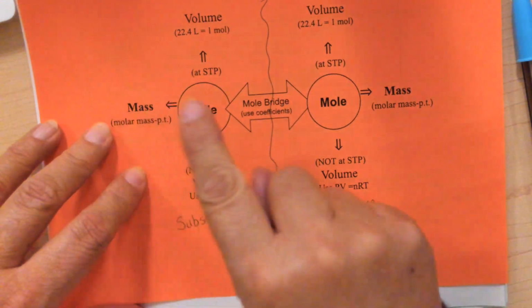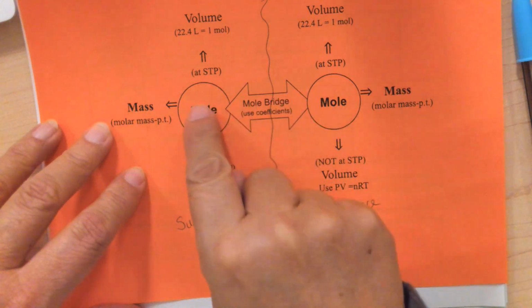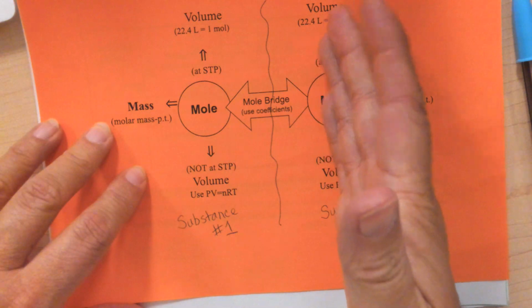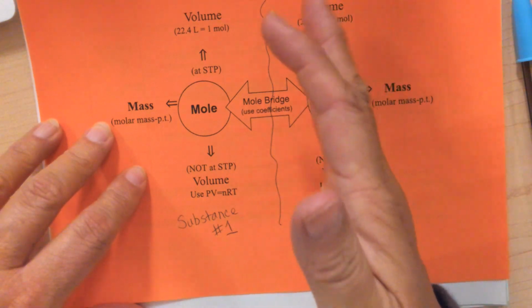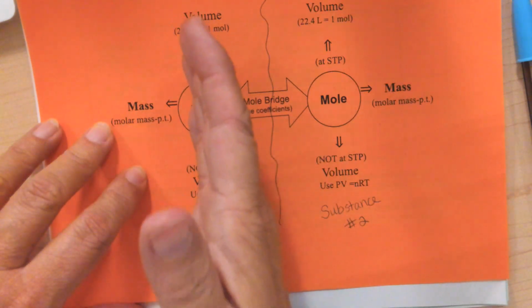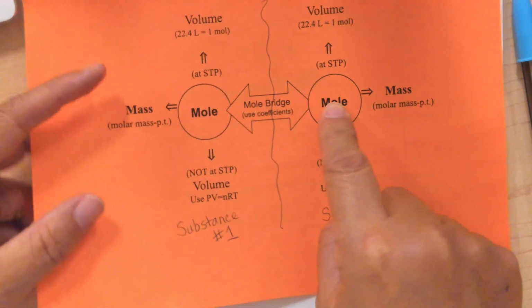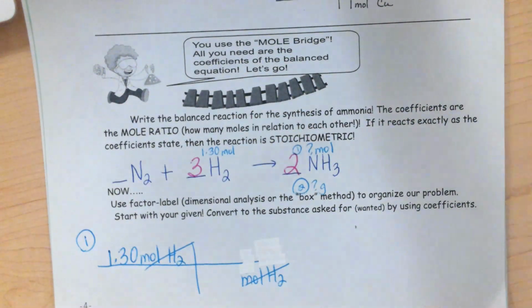I want to know between two substances, so I want to cross the bridge. I am going for moles of ammonia when I'm starting with moles of hydrogen. So we're going from moles of hydrogen to moles of ammonia.